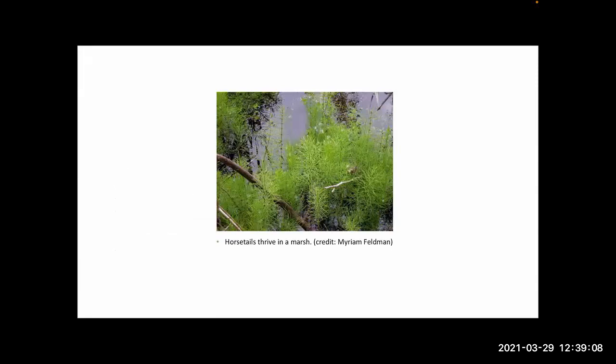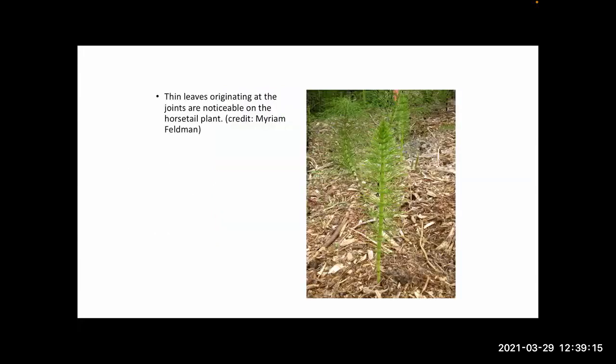Here's that horsetail image. We see these growing in a marsh here. Here's a horsetail plant that is growing out of the soil, and all of those leafy structures there are modified leaves that are growing.